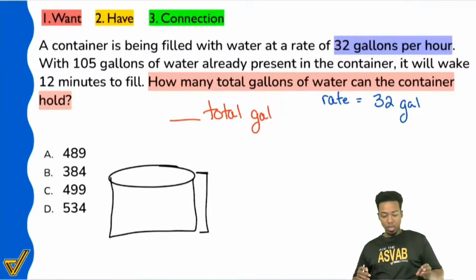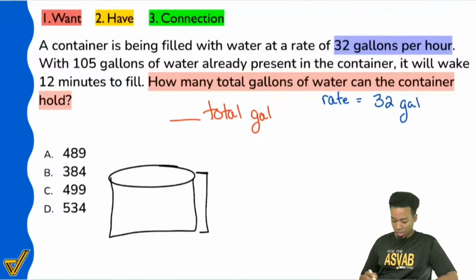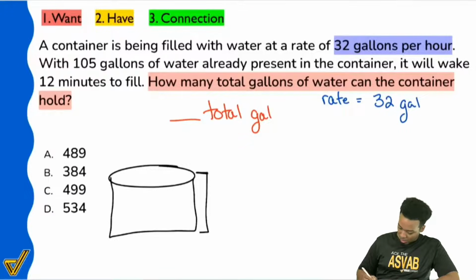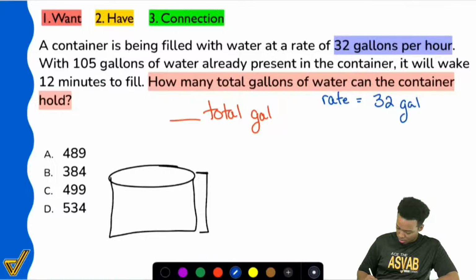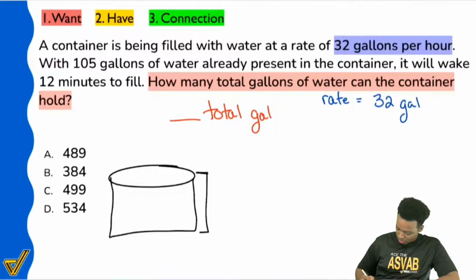Okay. Now, what's the next thing that we see? It says, hey, look, with 105 gallons of water already present in the container, it'll take 12 minutes to fill. So again, let's use, I would say purple for this one. So let me highlight this in purple for you.